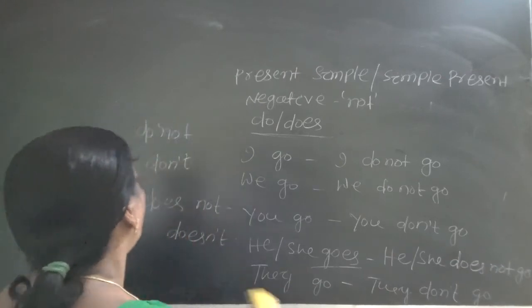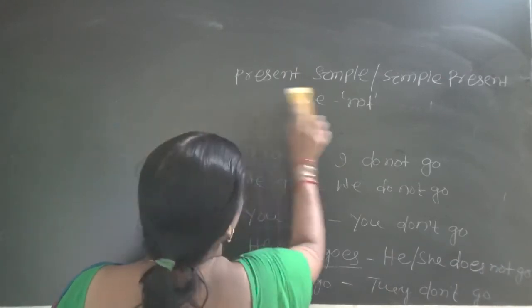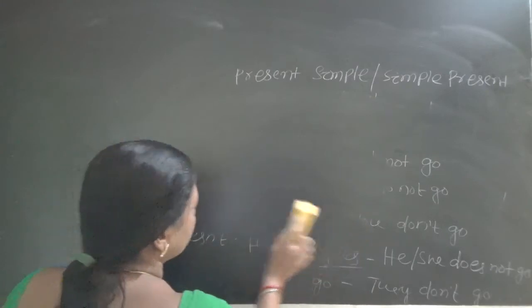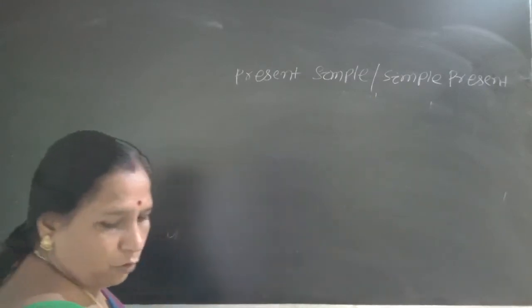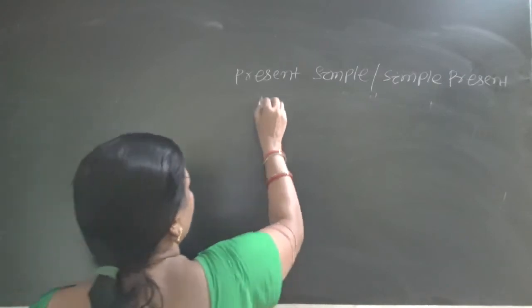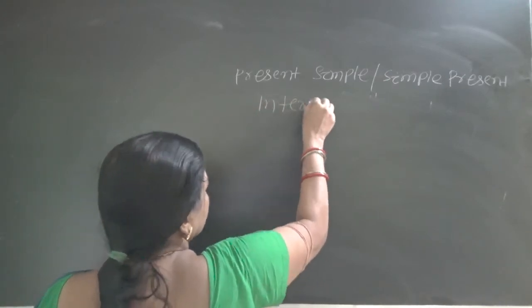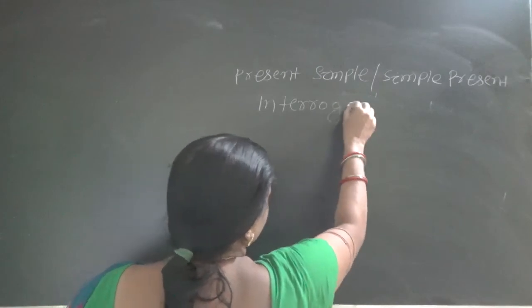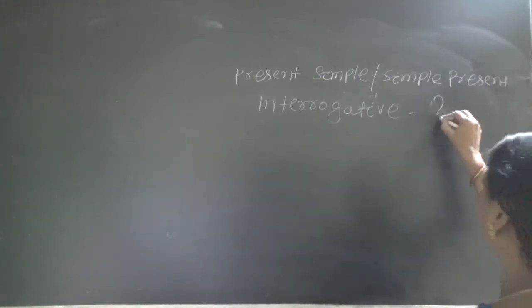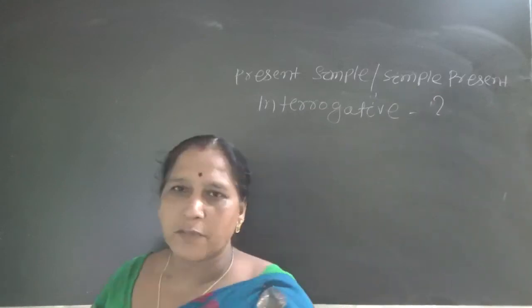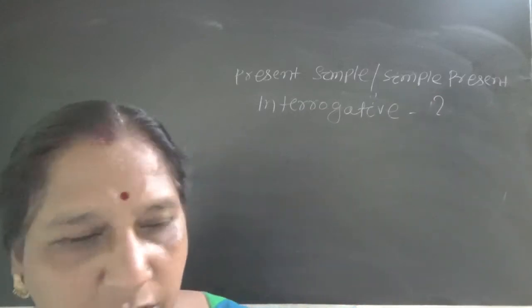Then we can discuss how we can turn it into interrogative form. Interrogative means a question sentence, in which the question mark will come at the end of the sentence.